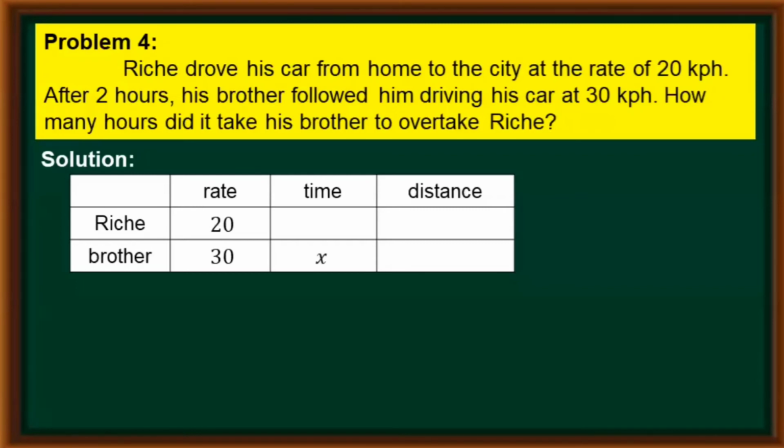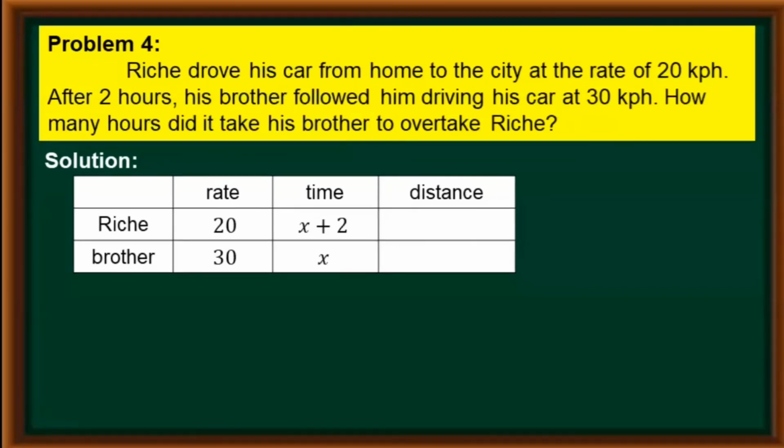And of course, since Richie already traveled in advance by 2 hours, his time would be represented by x plus 2. To get the distance traveled by Richie and his brother, we simply multiply the rate and the time found in the second and third column.